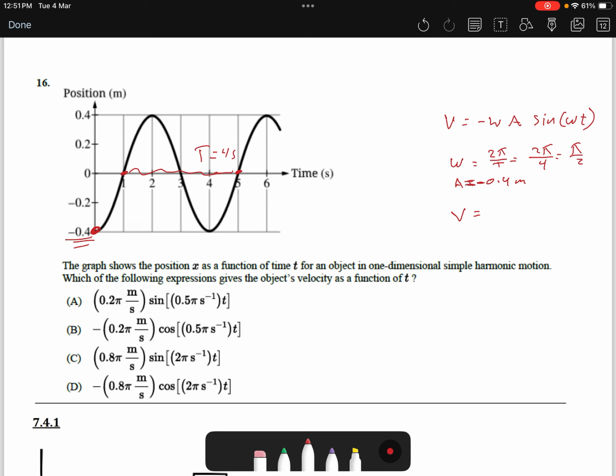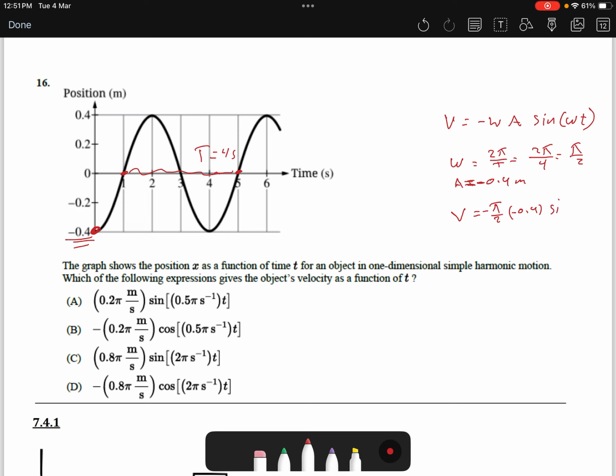Of course, for the amplitude, we don't add negative, but when we substitute it in the formula, we add the negative. Now, it will be pi over 2 multiplied by 0.4. Of course, here negative and the original negative, they will cancel each other.